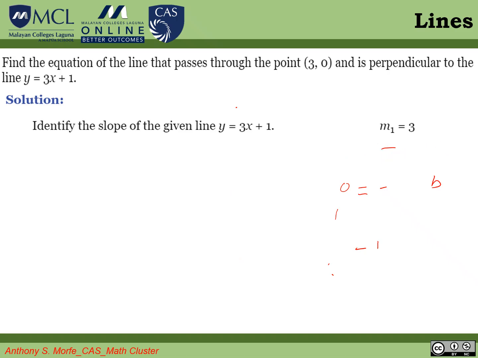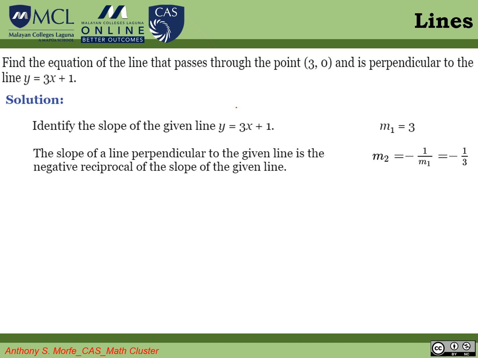We can say that it has a slope m1 equal to 3. Then we use the concept that the slope of the other line that is perpendicular to the given line is the negative reciprocal of the slope of the given line.